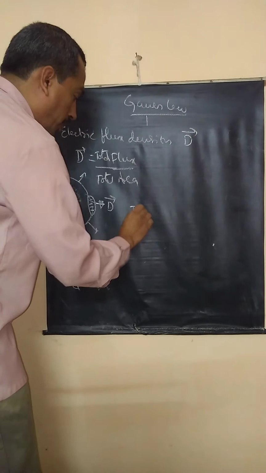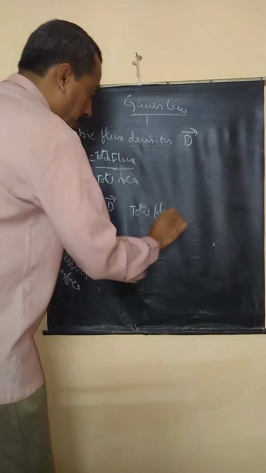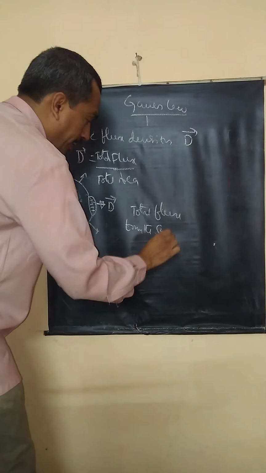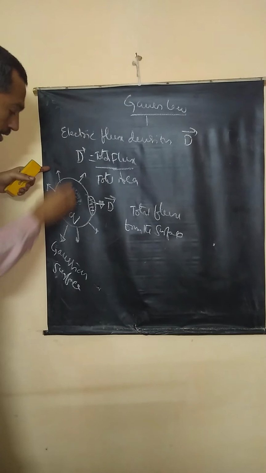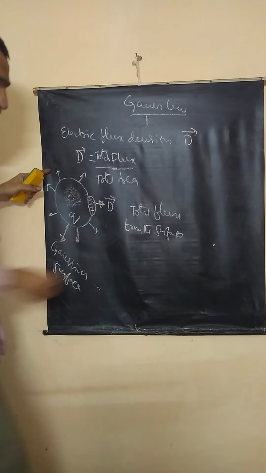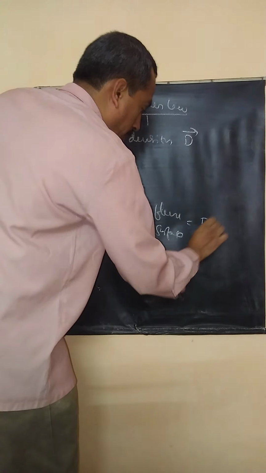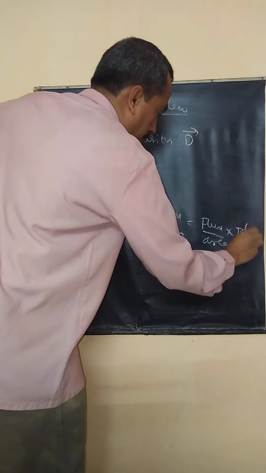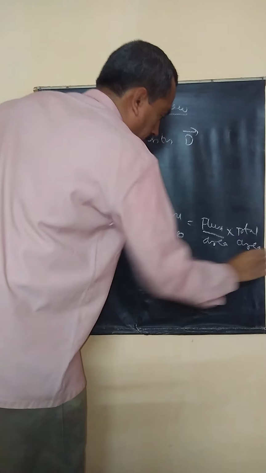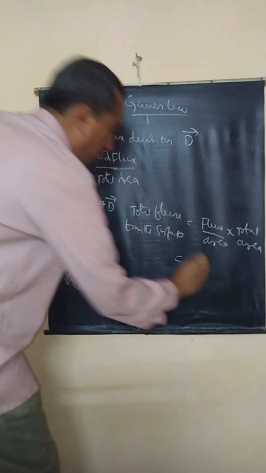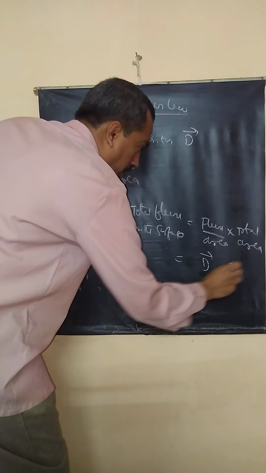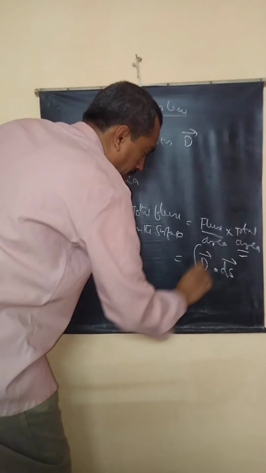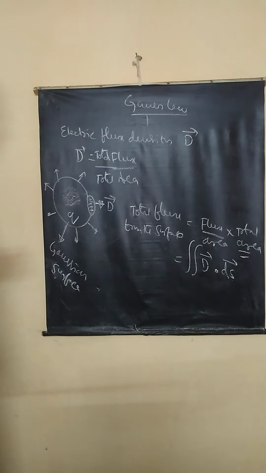Therefore, total flux from this Gaussian surface will be equal to flux per unit area into total area. So we call this D, and total area we integrate as dS, a surface integral.